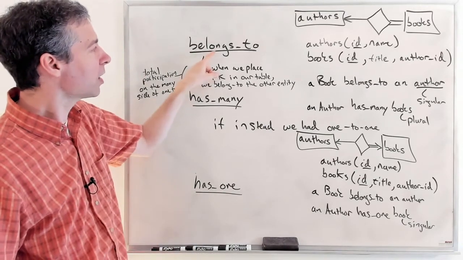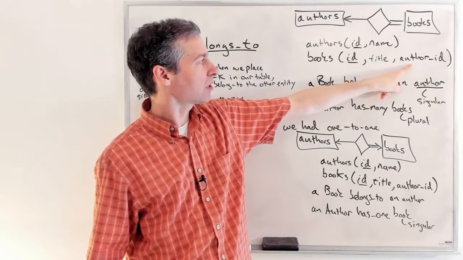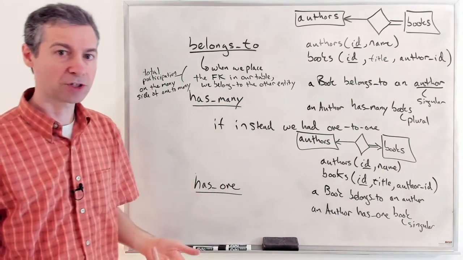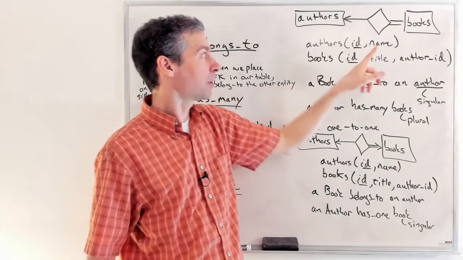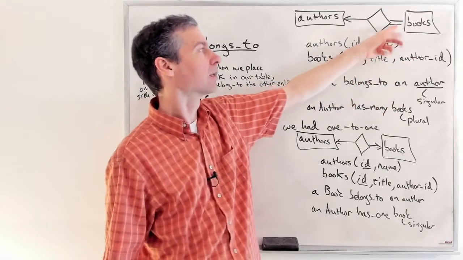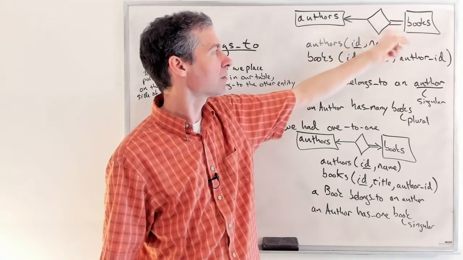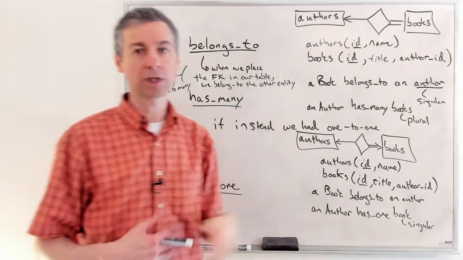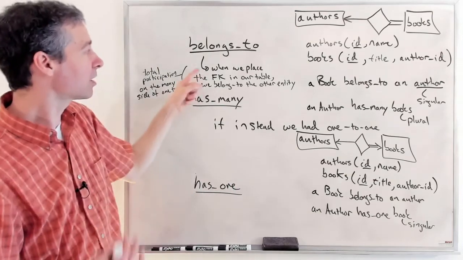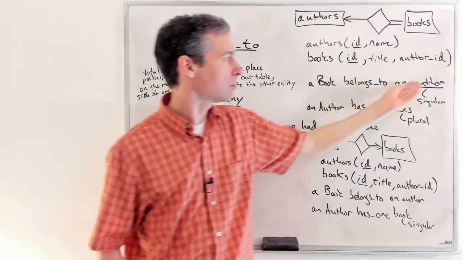Now, when we have this scenario of sticking the foreign key in my table here, we do this when we have a situation of total participation. It's almost always this sort of setup. Oh yeah, I've got this total participation in a one-to-many relationship, so I'll hold on to the foreign key in my table. In that scenario, that's when we say a book belongs to an author.